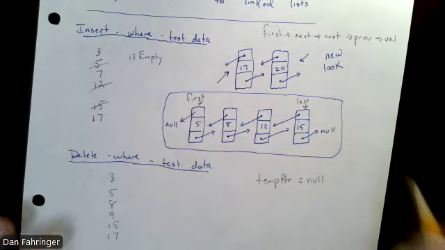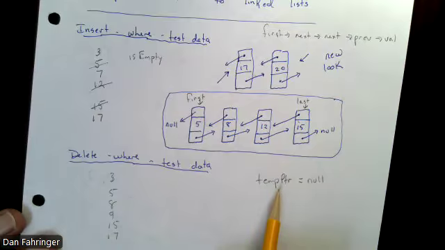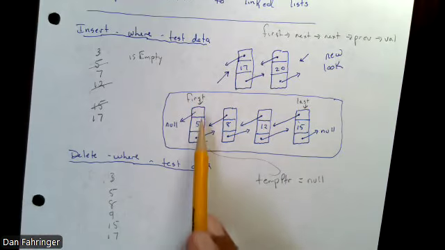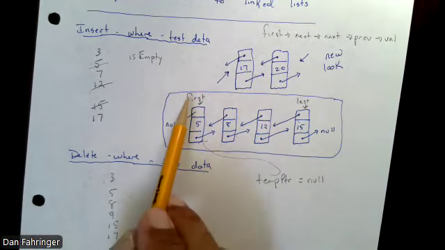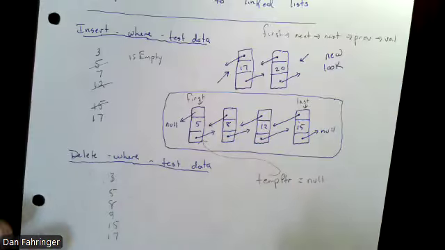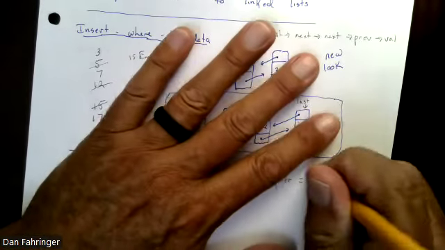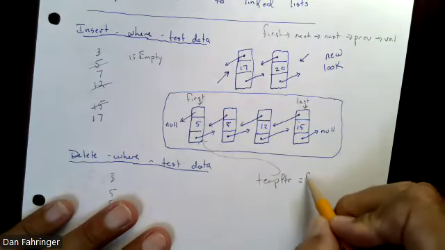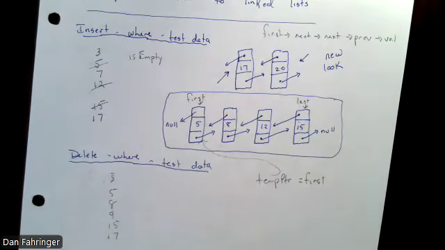If temp pointer gets the value of first, it'll point to the same place first points to. First and temp pointer would have the same memory address. If we did it the other way around, temp pointer was created pointing to nothing. If we said first gets temp pointer, it's going to point to nothing. So the order matters so that I can keep track of where my linked list starts.